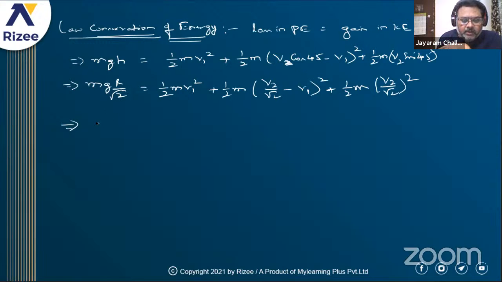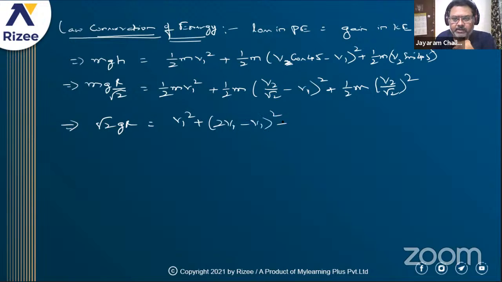This will be root 2 gr is equal to v1 square plus, substituting v2 as 2 root 2 v1, root 2 cancels out, (2v1 minus v1) square plus, v2 again, root 2 cancels, (2v1) whole square.